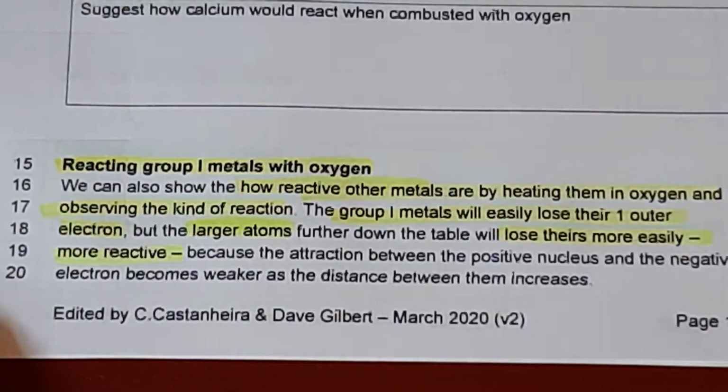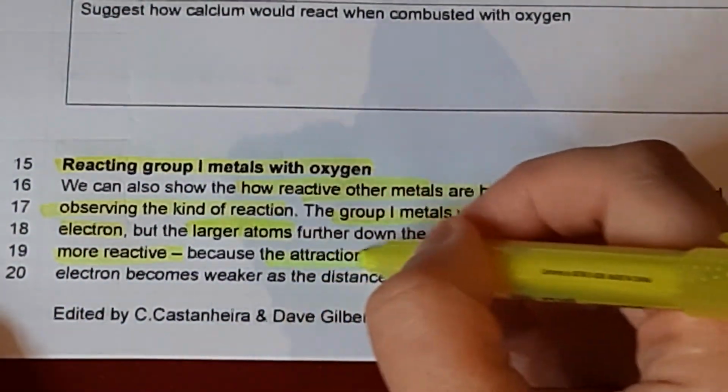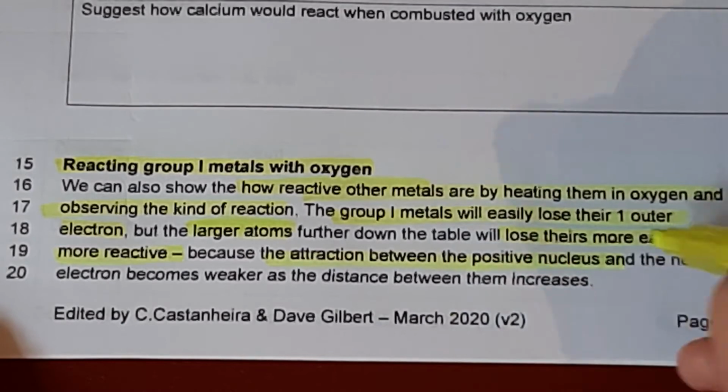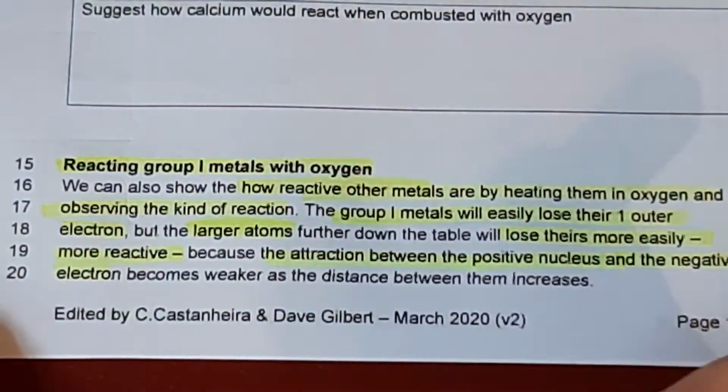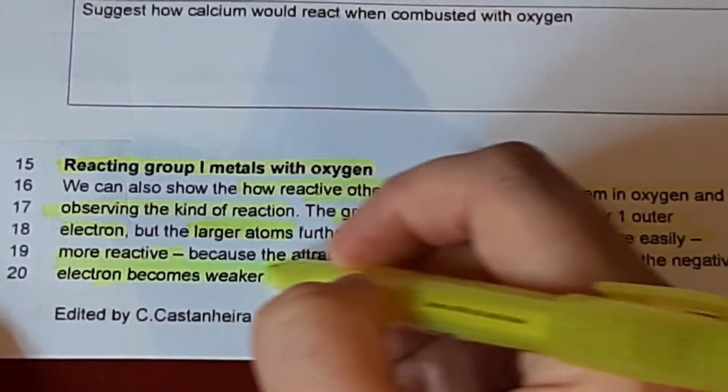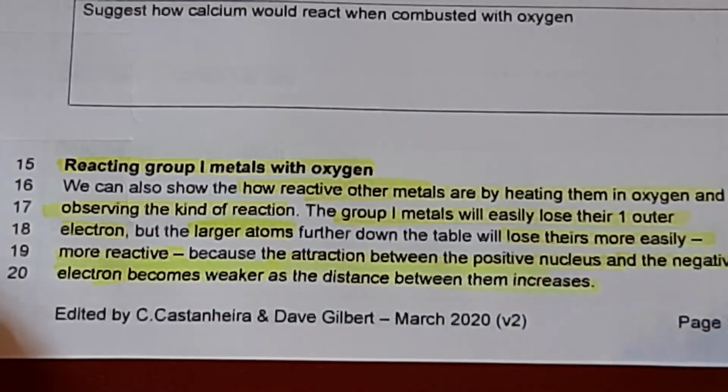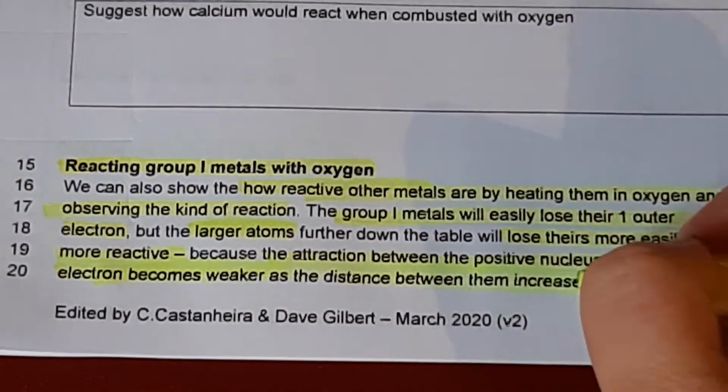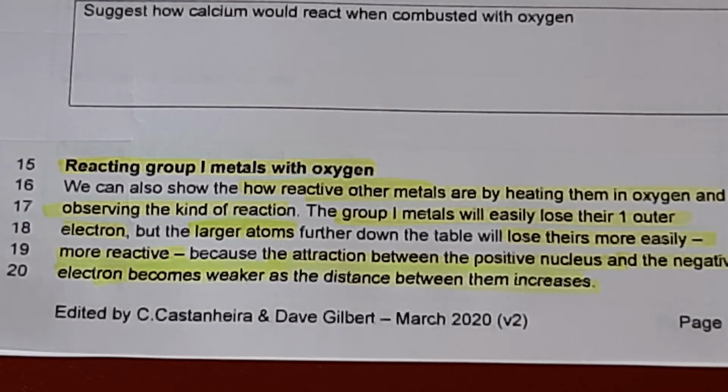And this is because the attraction between the positive nucleus and the negative electron becomes weaker as the distance between them increases. Okay, so that's really important to remember and to understand. Further down the periodic table, where the elements are bigger, the outer electron is much further from the nucleus, and that nucleus is positive.